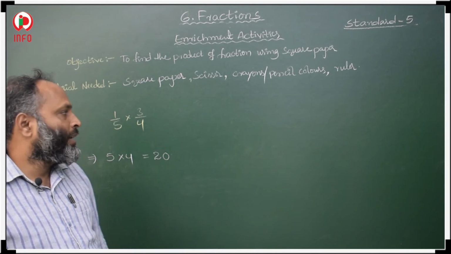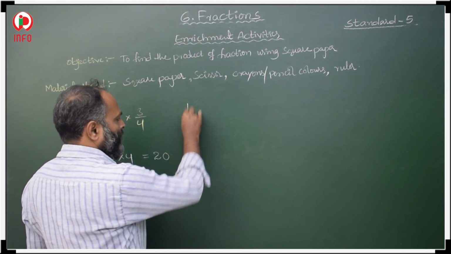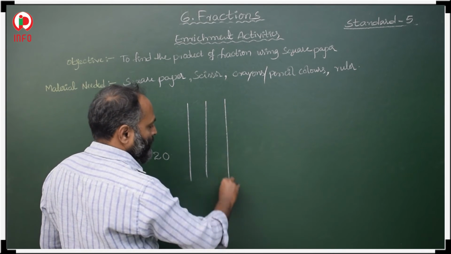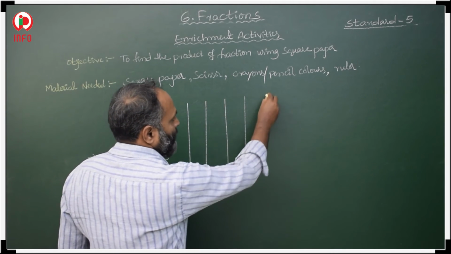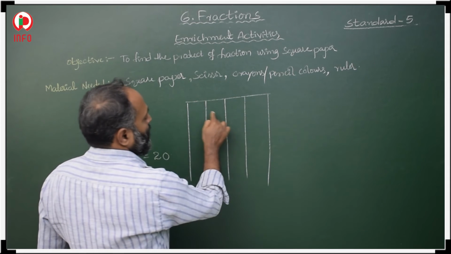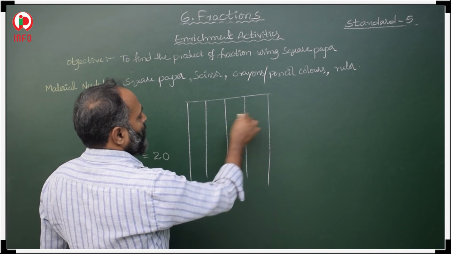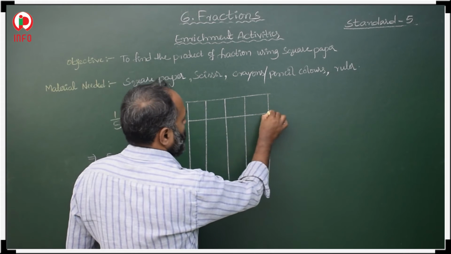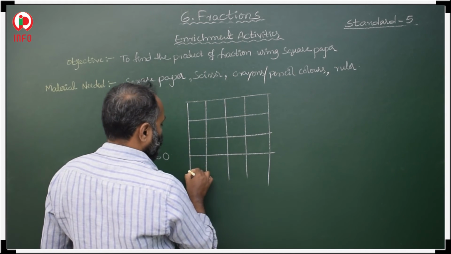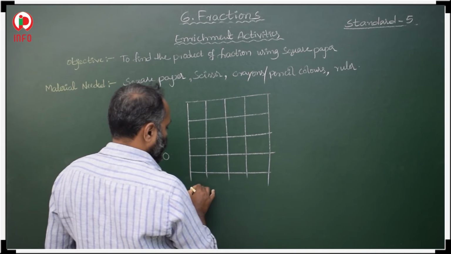So now we take a square sheet with 4 columns and 5 rows. 1 2 3 4 5. In a row there are 4 squares, 1 2 3 4, and after that 5.